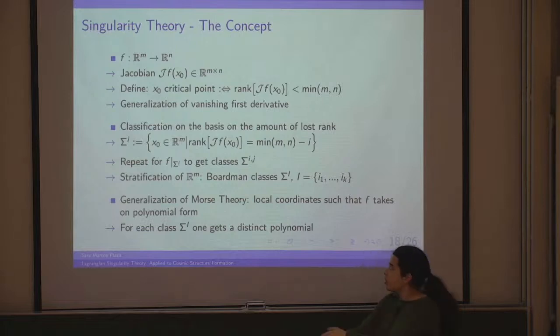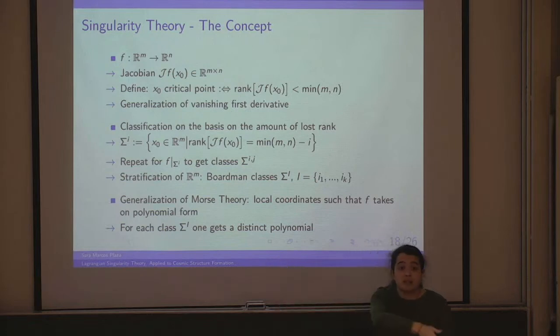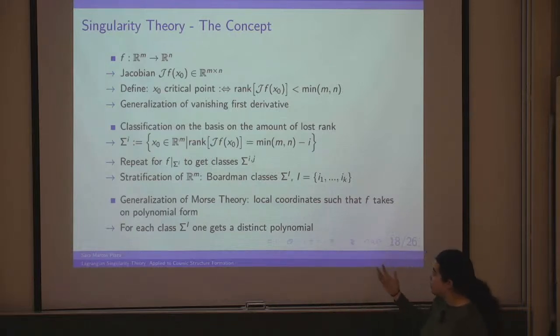So you say, I don't want the whole thing to vanish. I just want the rank of my first derivative, so of my matrix, to be less than maximal. The case for the matrix to be 0 would be the case where the rank is the lowest it can get, namely 0. So we have a generalization there.